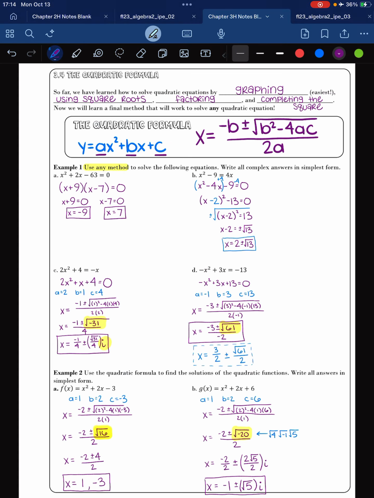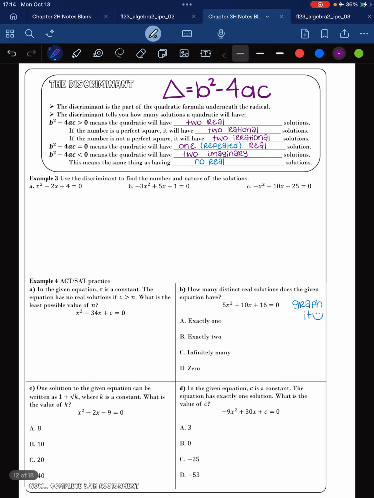Beautiful. And again, I already knew I was going to end up with that imaginary answer because of the negative under the radical. So let's talk about that word I accidentally said earlier, which is discriminant. The discriminant is specifically the part of the quadratic formula that is underneath the radical.